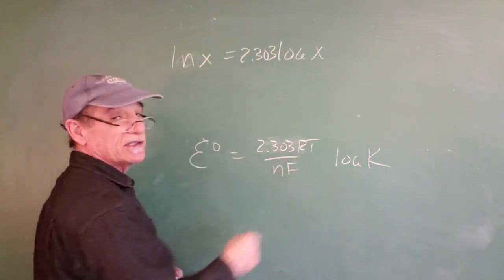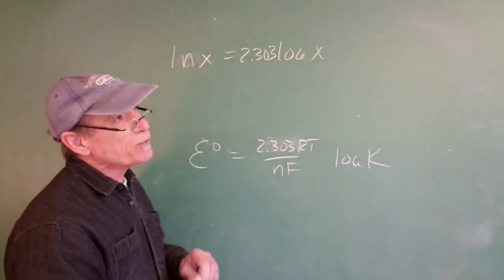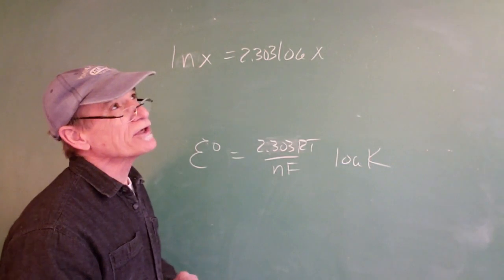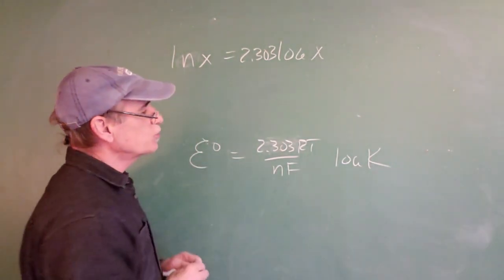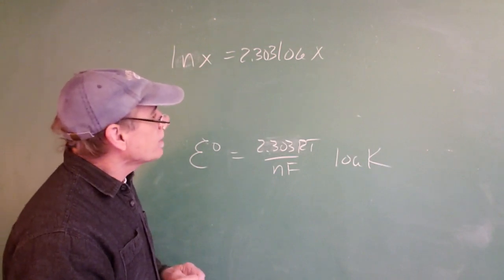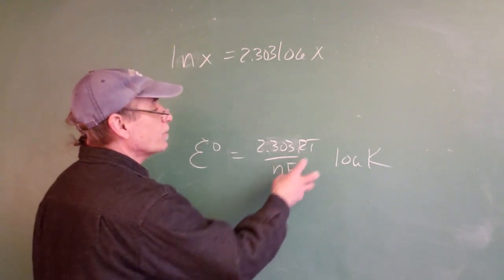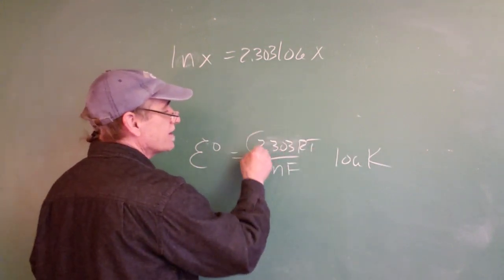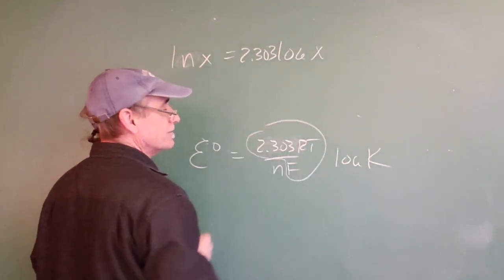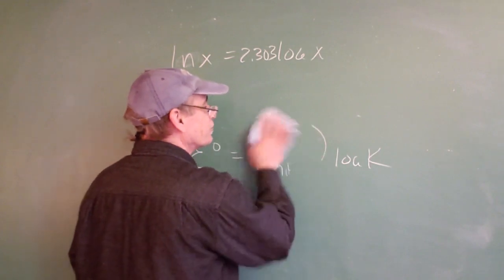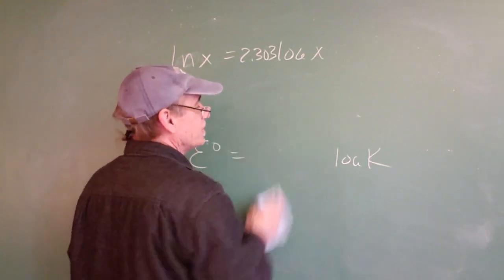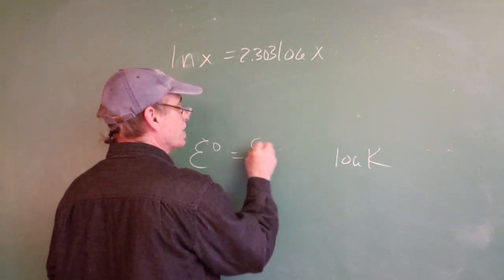R is a constant, and we'd have to use the 8.314 R because that would be in joules. And remember that voltage is in joules per coulomb. All right, well, it turns out that if we were to lump together all of these constants that are out here into one number, just crunch them all down into one number, it turns out to equal 0.0591.